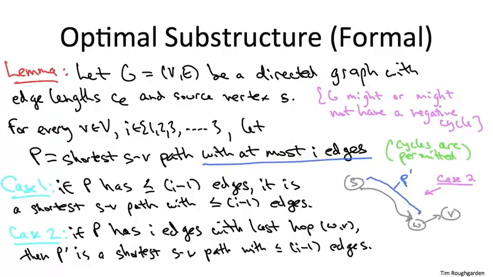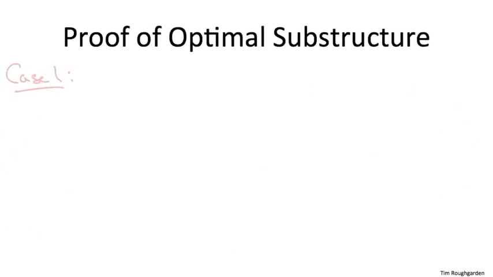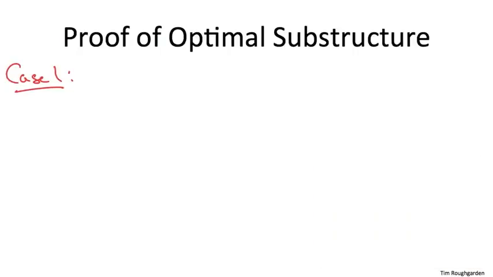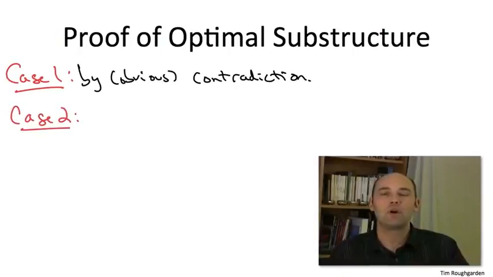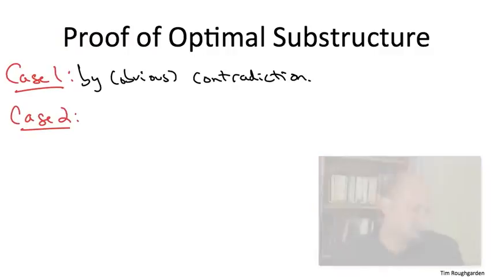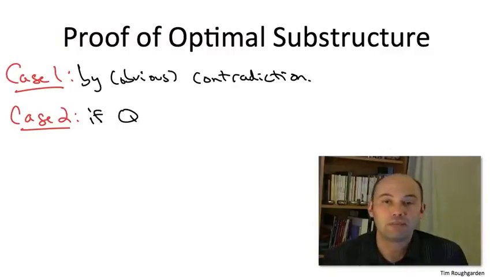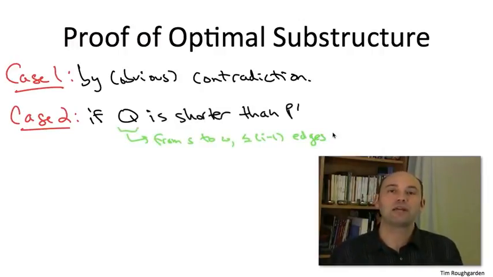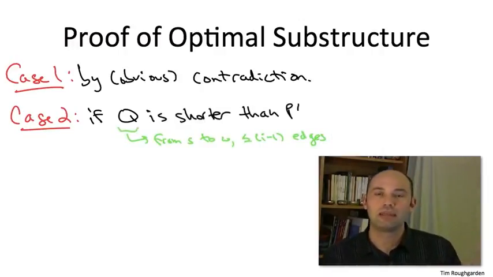All right, so this is one of those lemmas that's actually harder to state than it is to prove. So let's quickly talk through the proof. It's the same as the previous optimal substructure lemmas that we've seen. Case 1 is totally trivial. It's the obvious contradiction that we've seen in many of our other case 1s. Case 2 is going to be one of our usual cut and paste contradictions. Suppose there was some path Q better than P prime. That is, Q starts at S, ends at W, contains I-1 edges or less, and the sum of its edge costs is even smaller than that of P prime.